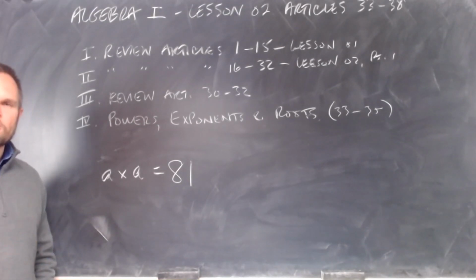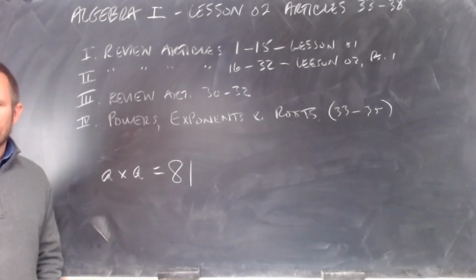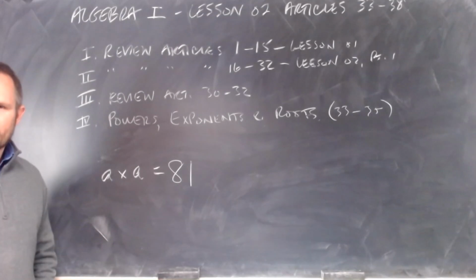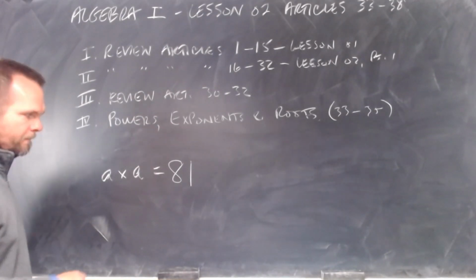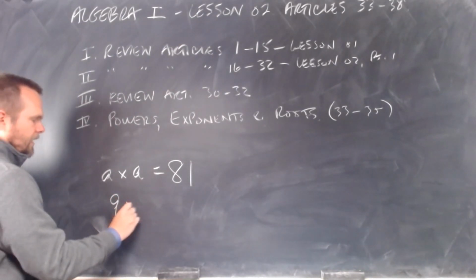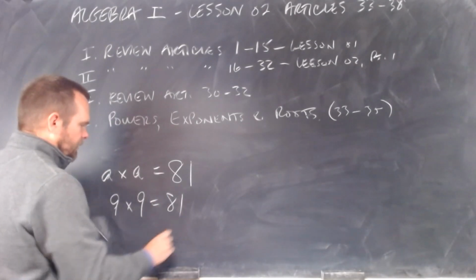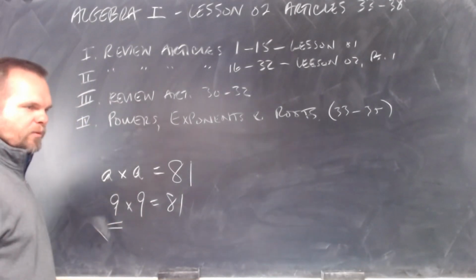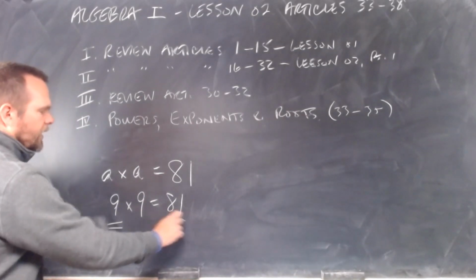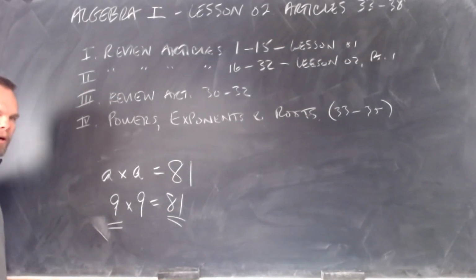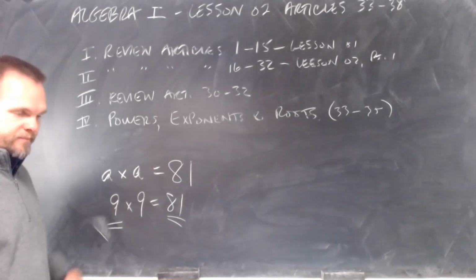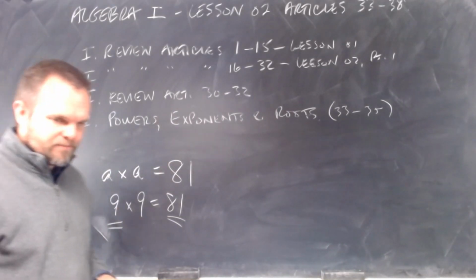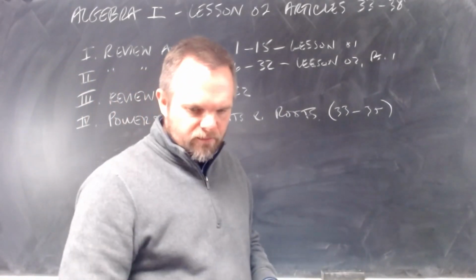What number multiplied by itself makes 81? 9 times 9 equals 81. 9 is the square root of 81. 81 is the second power of 9. All right? Square root, cube root.